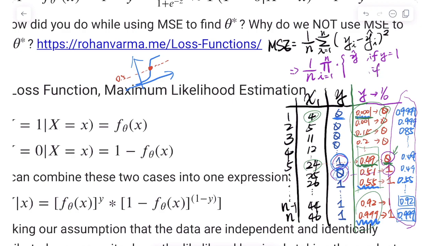If the actual y value equals 0, you use 1 minus this value, so the result is this one. You simply multiply all these values, and as you can see, if this value is very large, very close to 1, that means this model is very good. If this value is very close to 0, that means your model is worse than all the others.